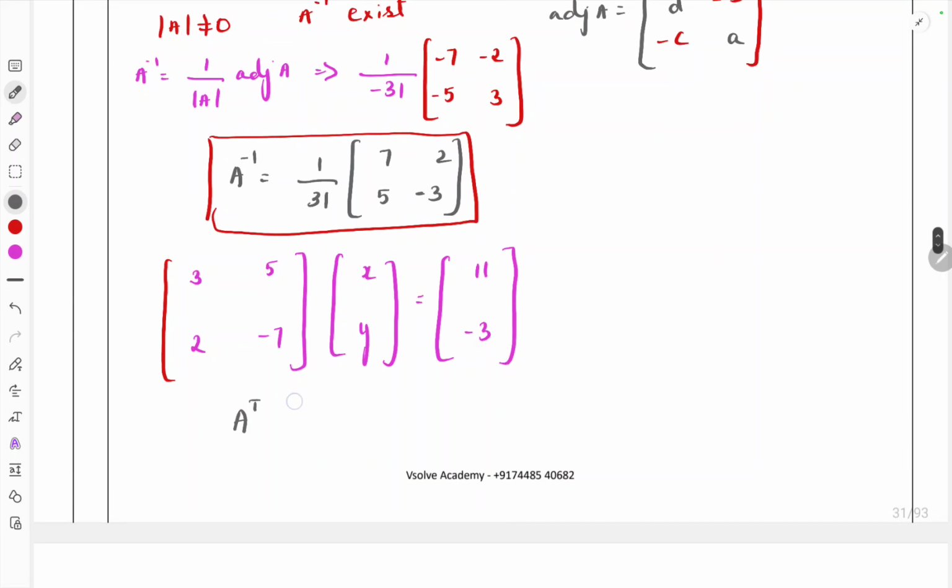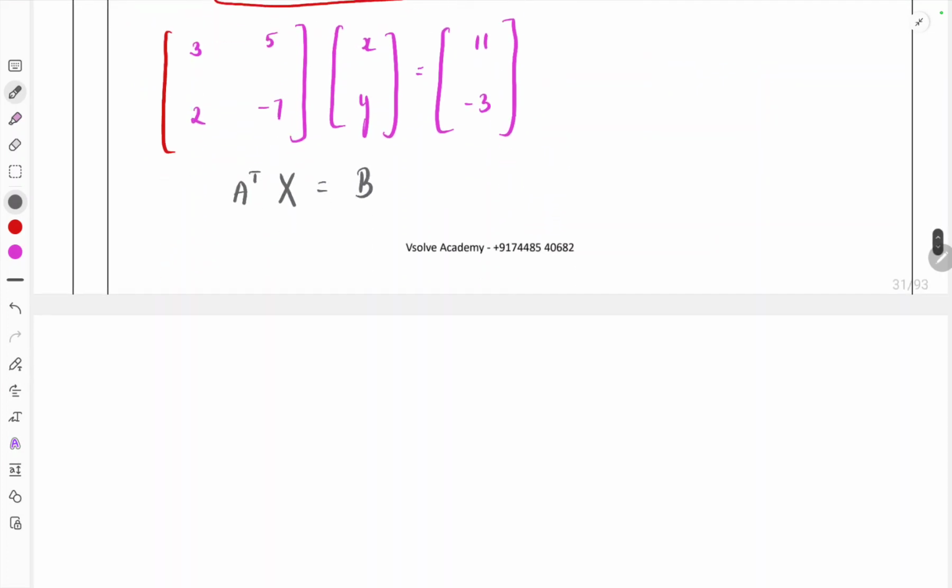So A transpose into matrix X equals, this I will take as matrix B. Which means X will be equal to the inverse of A transpose into matrix B. And we know the property that the inverse of A transpose is the same as A inverse transpose.